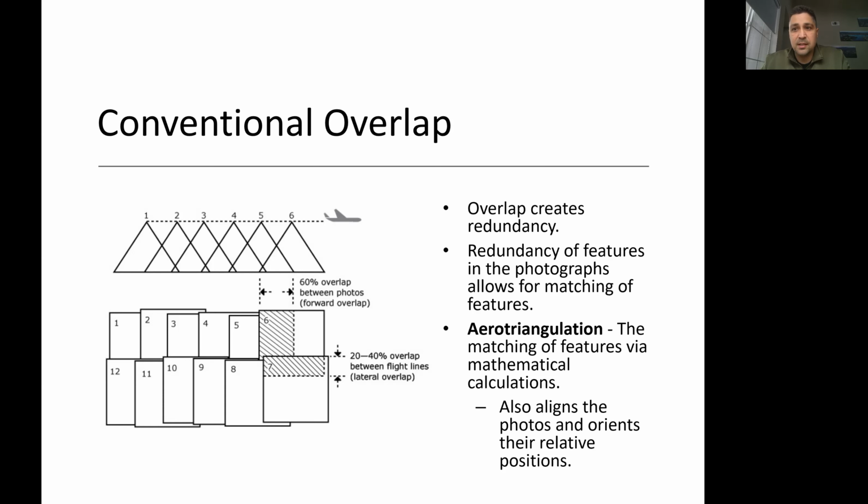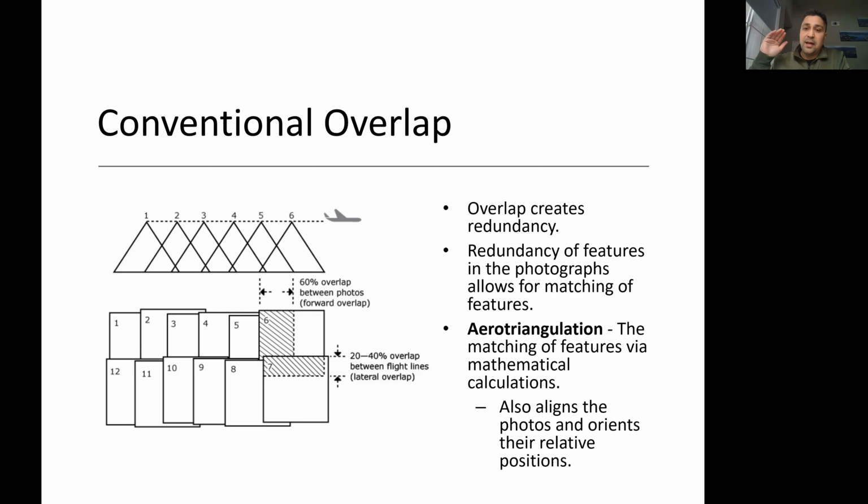Overlap is the key to this working, okay? So overlap between the photographs. I know this is a plane here, but it could be a drone, it doesn't matter, because this is just the theory behind it.